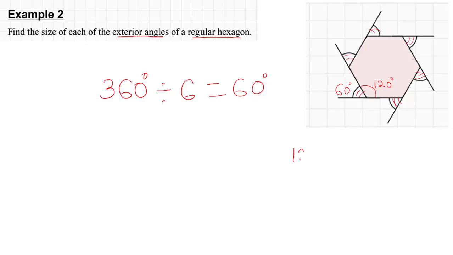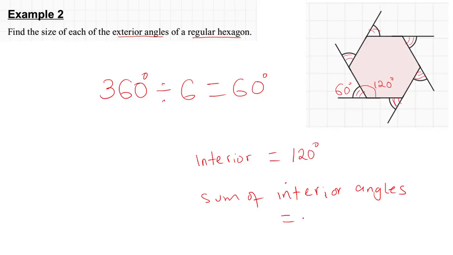Now, if one interior is equal to 120, then the sum of the interior angles, the sum of the ones that are inside, would be 120 times by how many there are.